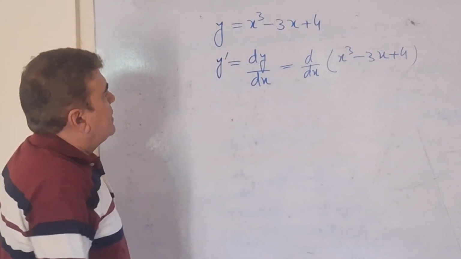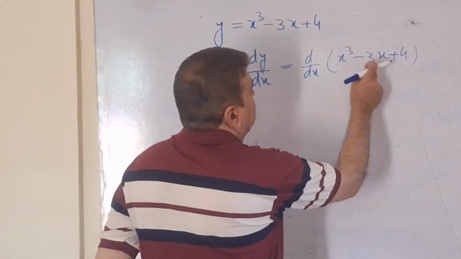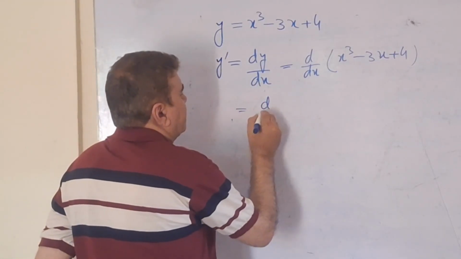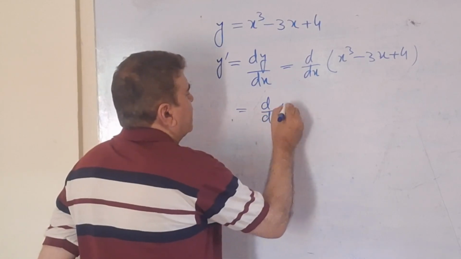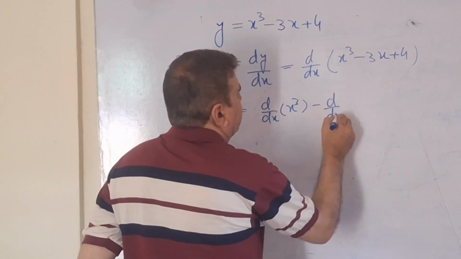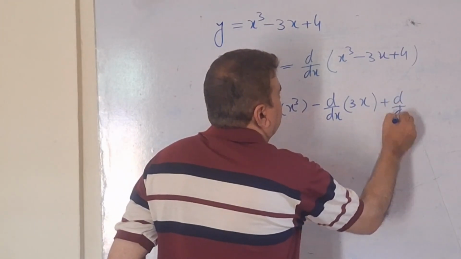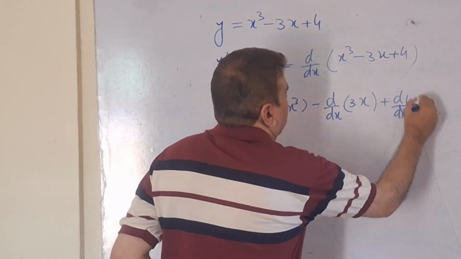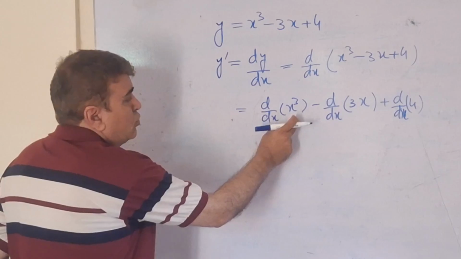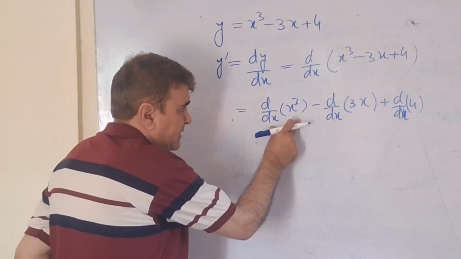And since the derivative is distributive, I can take the derivative of every individual term inside these brackets and write this as the derivative of x cubed minus the derivative of 3 times x plus the derivative of 4.